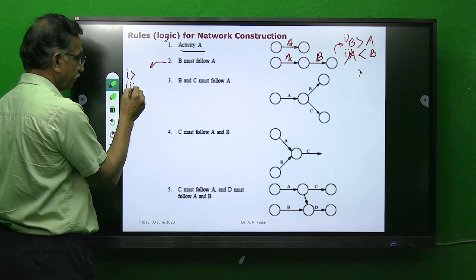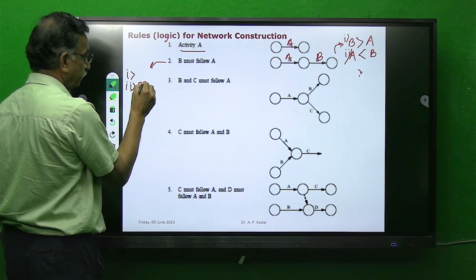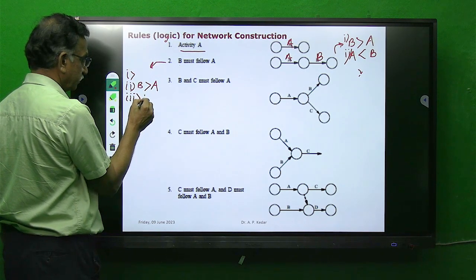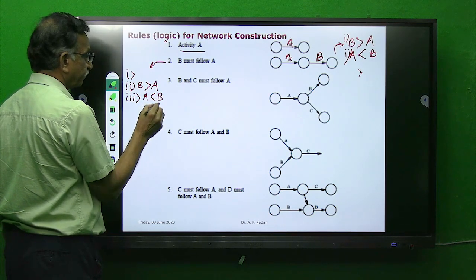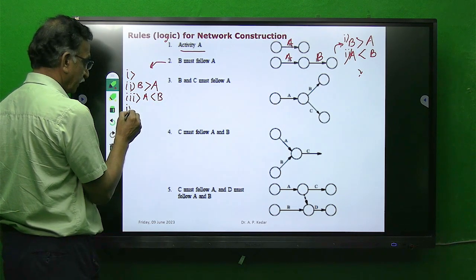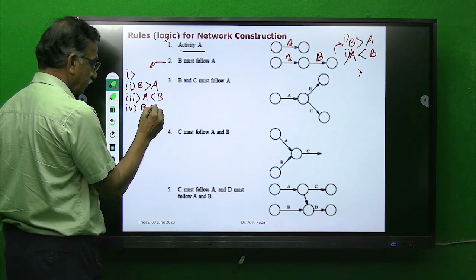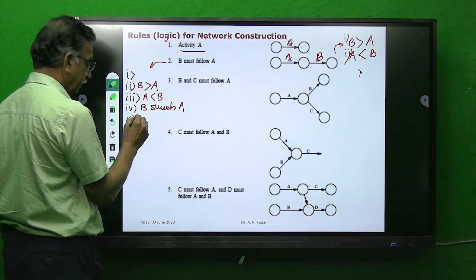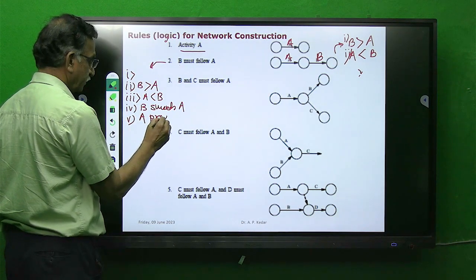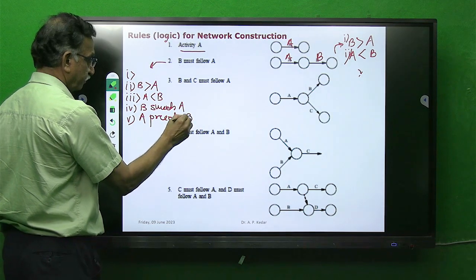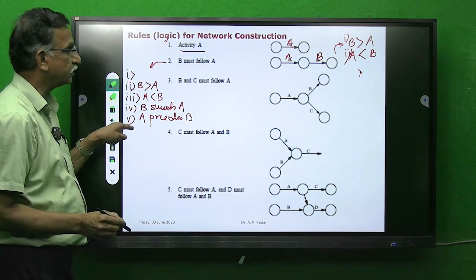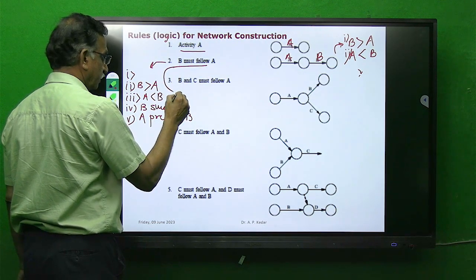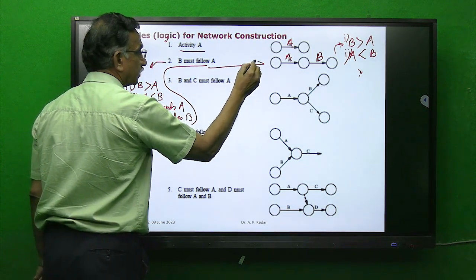The second way of giving the same data is, I have written B greater than A. The third way is to write A less than B. The fourth one can write B succeeds A. One can write A precedes B. All these five sentences mean this.